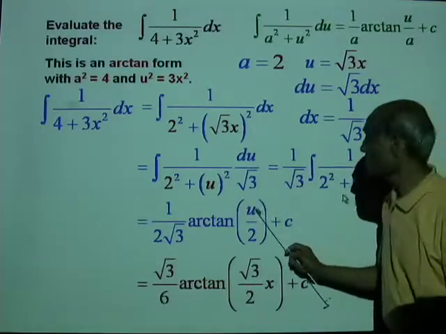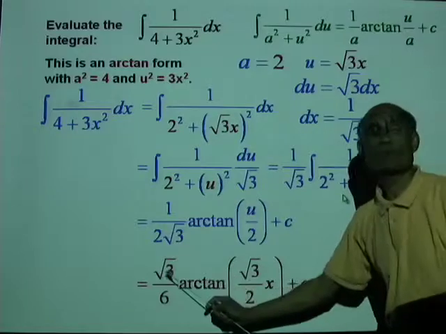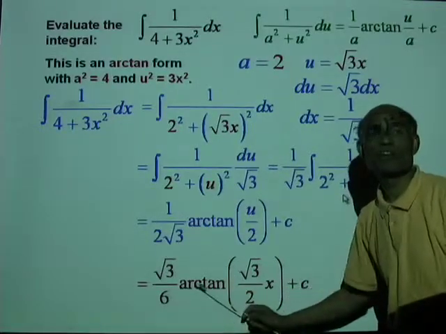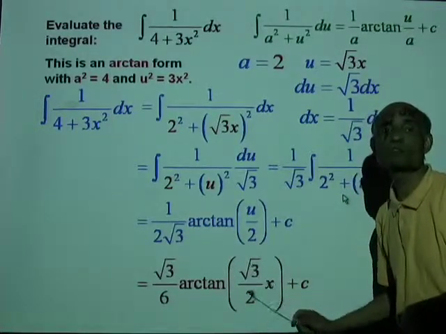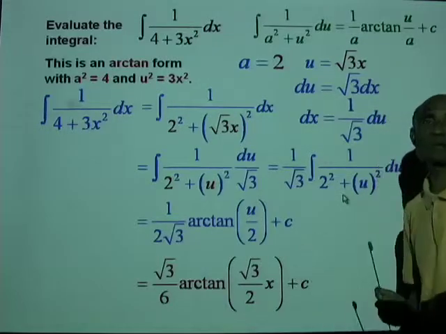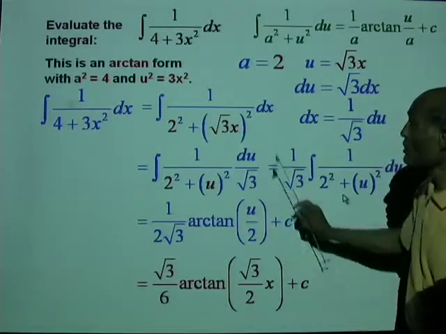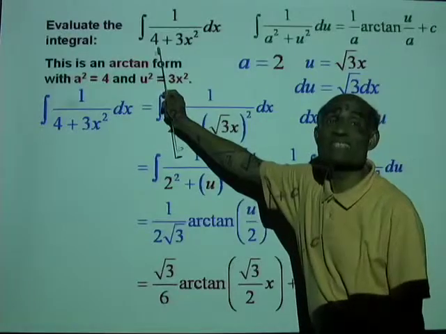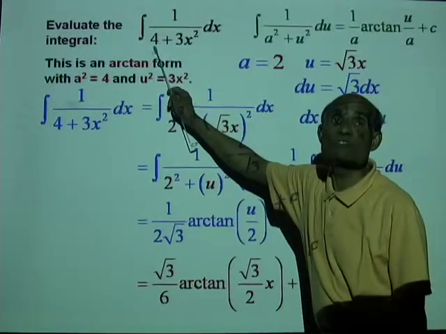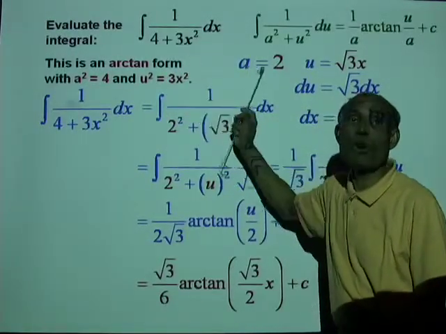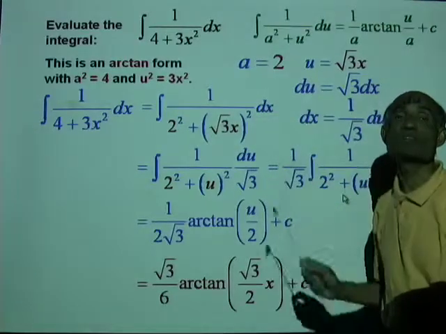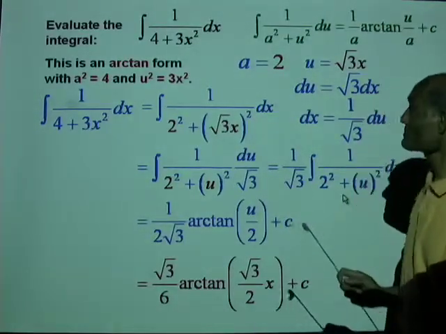And that will be replaced by your u. That will be square root 3 over 6 arctan square root 3 over 2 x plus c. Alright, so the most important thing here is to see the basic form, a squared plus u squared form, and then make the appropriate substitution.